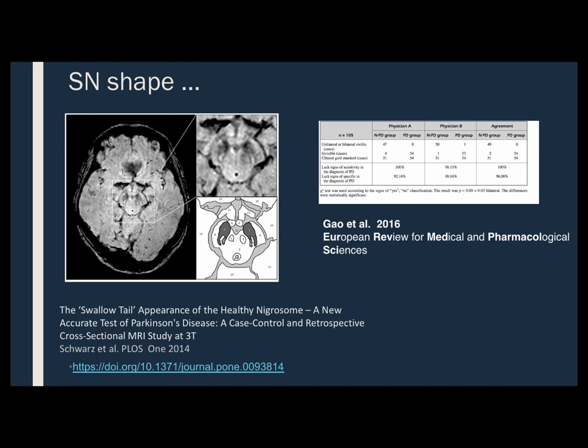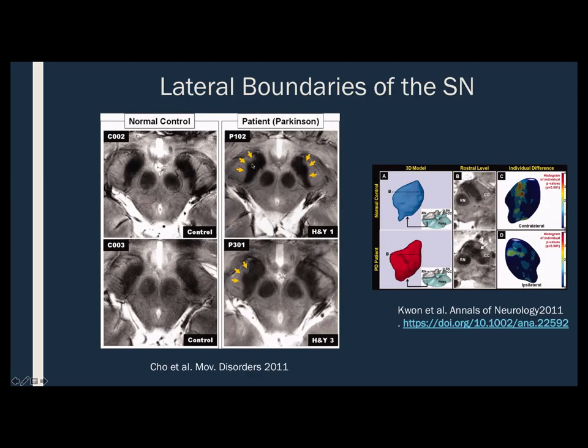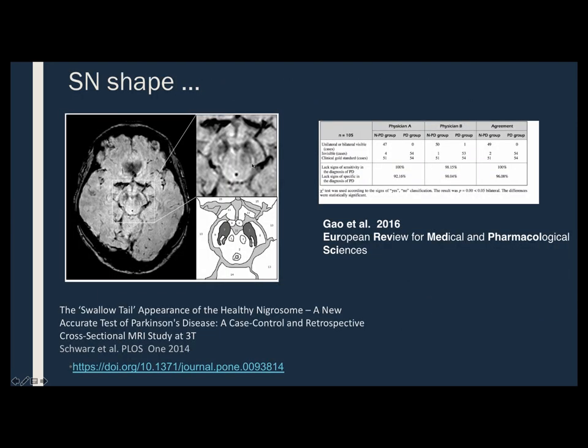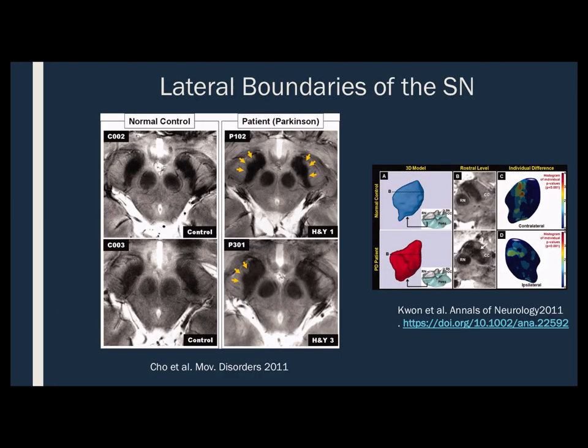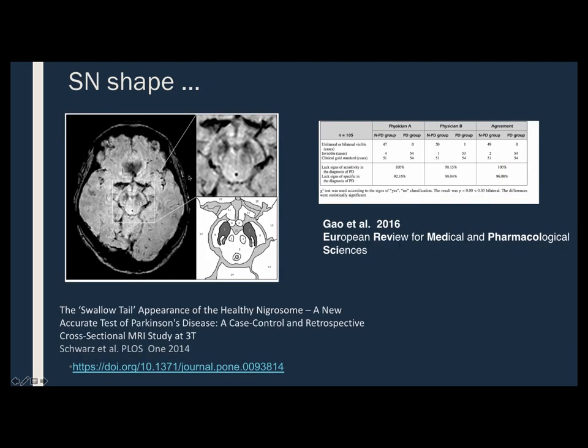However, it probably depends on how the images are taken, and indeed it depends on the quantification, on how that is drawn, right? If you look, for example, at these images from another group that tried to define the boundaries of the substantia nigra, now you don't see that tail anymore, right, that you would see here, where here you don't see the boundaries very well.